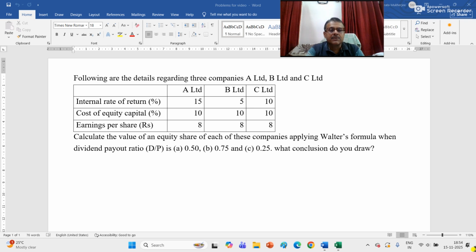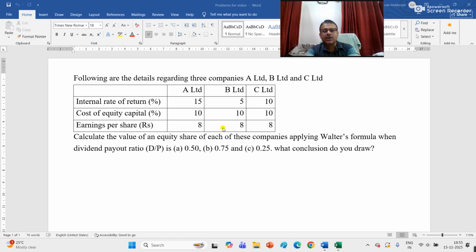Following are the details regarding three companies A Limited, B Limited and C Limited. So we have three companies and the following information is given. The internal rate of return of the three companies is 15%, 5% and 10%. The cost of equity capital is 10% in all the cases.